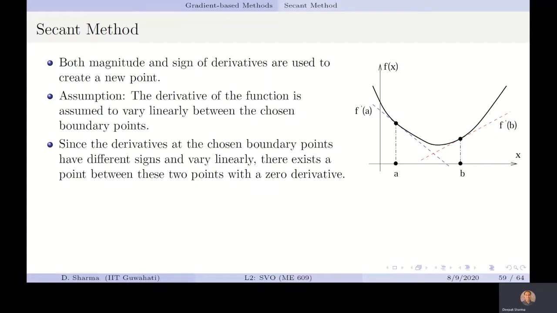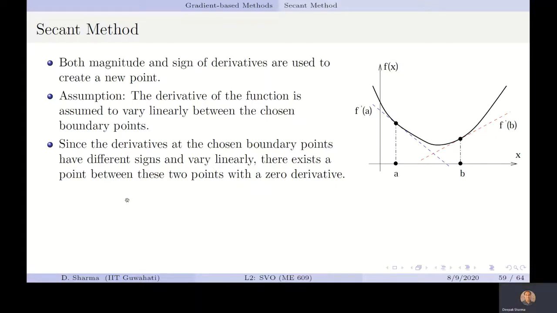And there will be one particular value between A and B when the derivative will be 0. So if you keep on moving this blue line along the curve from A to B, there will be a point where this derivative will be 0. And that's why in the assumption it is written that the derivative of the function is assumed to vary linearly between the chosen boundary points. So if it is changing linearly, it means that from negative to positive, there must be one point where the derivative will be 0.